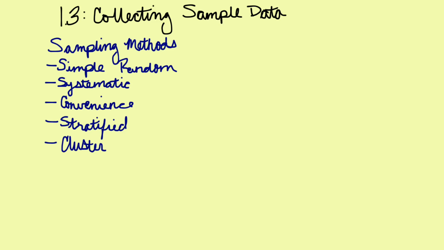Cluster, you're not breaking the population into groups for a characteristic. You're breaking them off into groups based on, for example, location. So a cluster sample would be breaking Pennsylvania into counties, then randomly sampling within each county.